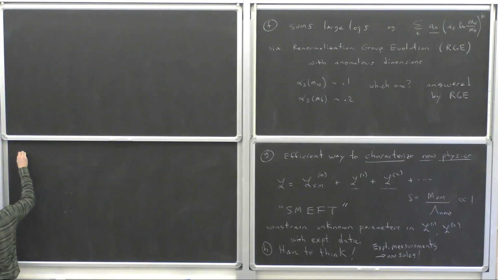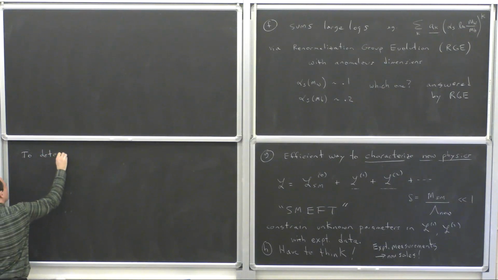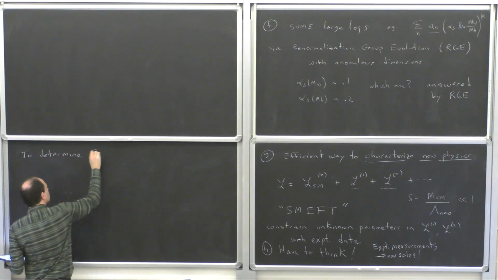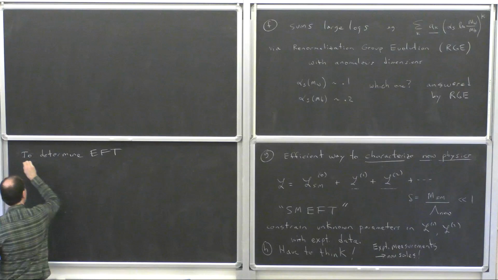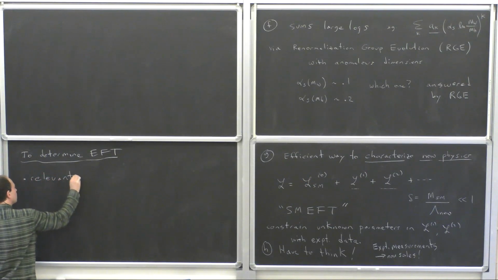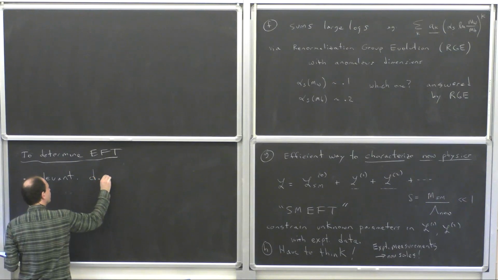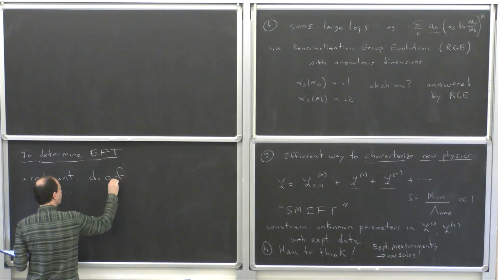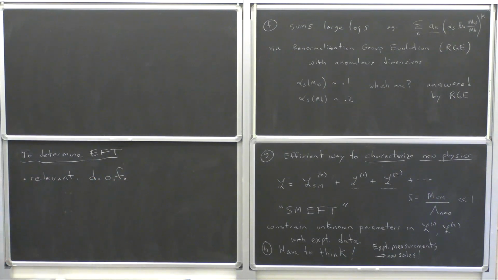So to determine the effective theory, the first thing you need to figure out is what are the relevant degrees of freedom. Degrees of freedom is a very long phrase, so I will abbreviate it: DOF, degrees of freedom.